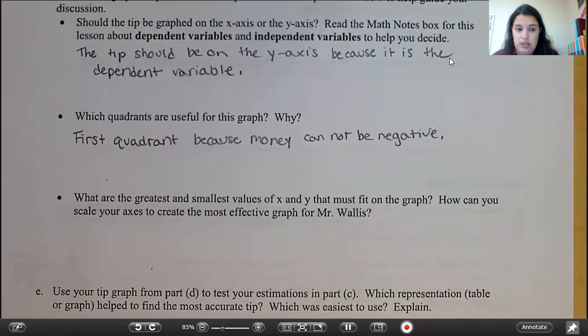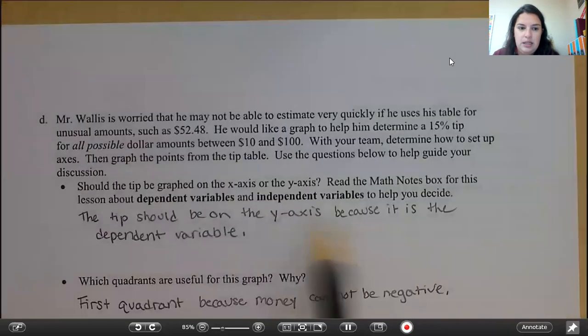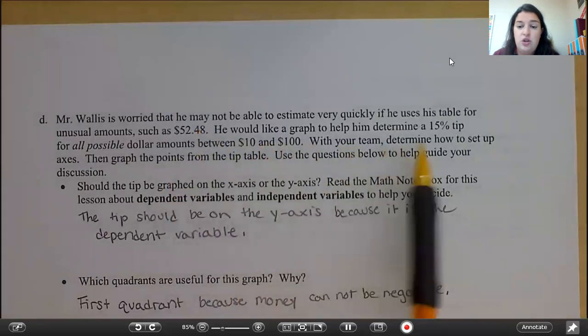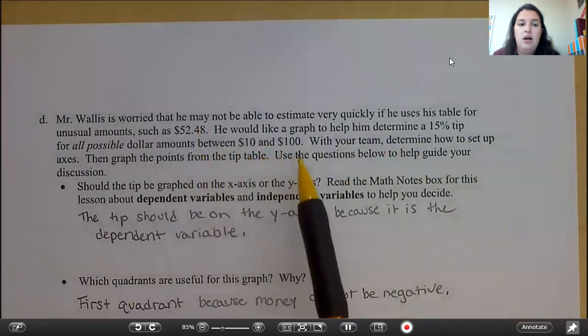The third bullet point says, what are the greatest and smallest values of x and y that must fit on the graph? How can you scale your axes to create the most effective graph for Mr. Wallace? So we know that from the very top, it says he would like a graph to determine a 15% tip for all possible dollar amounts between $10 and $100.